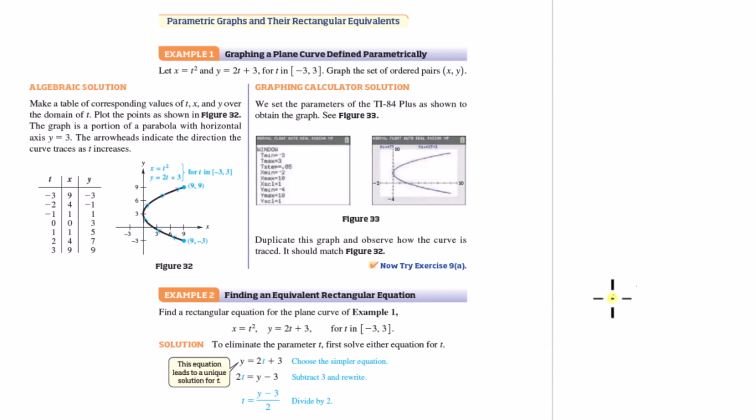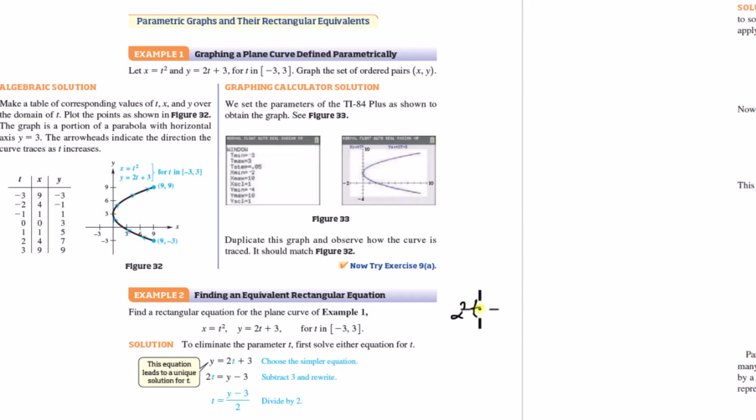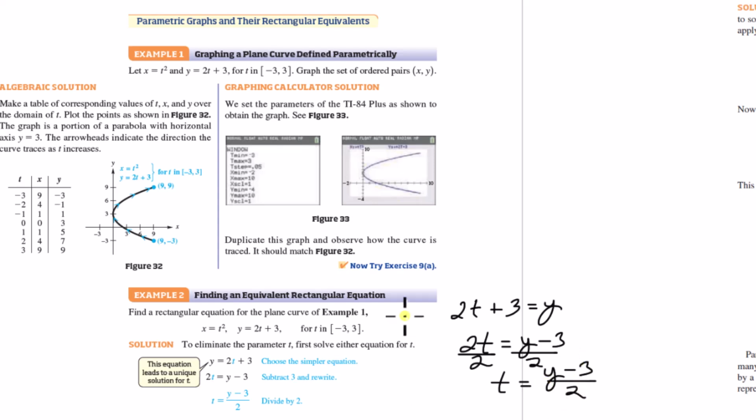So if we take this equation and solve for t, you have 2t plus 3 is equal to y. So 2t is equal to y minus 3. t is equal to y minus 3 divided by 2.